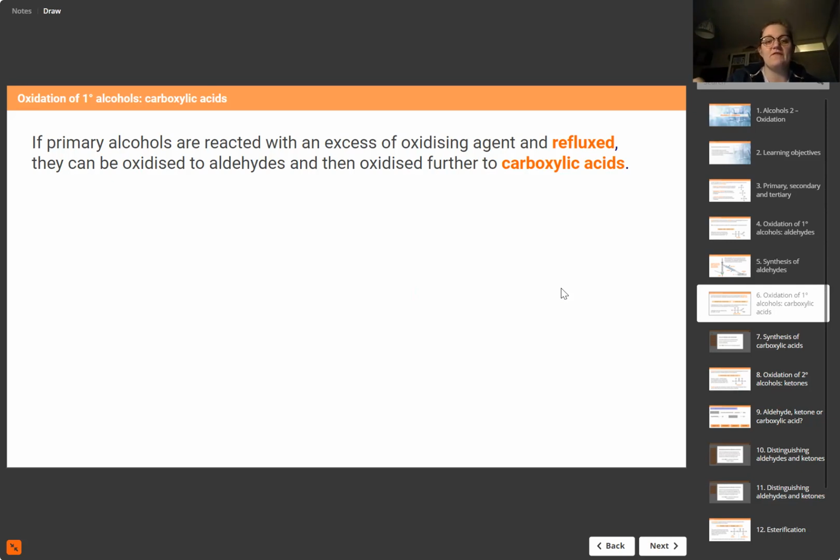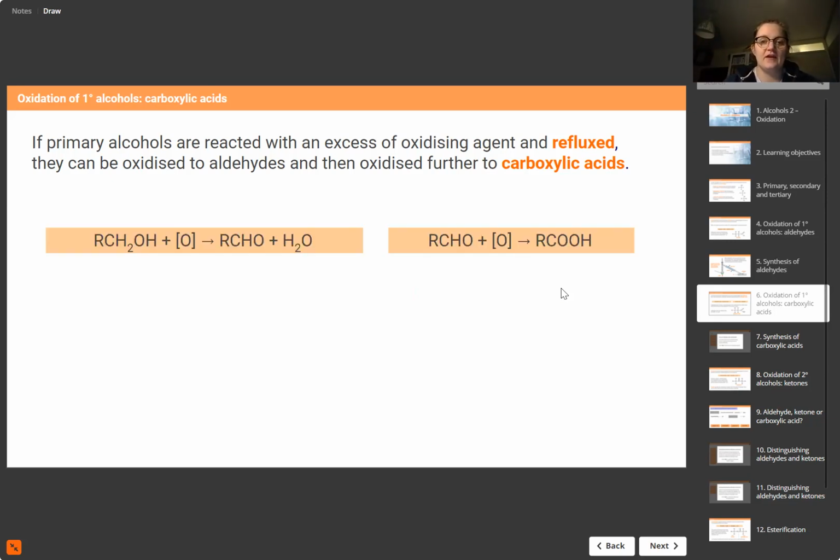So it's important to remember they still go to the aldehyde stage, but then it can go further to the carboxylic acids. So we go from our alcohol, RCH2OH, plus our oxidizing agent, to our aldehyde, RCHO, and water.